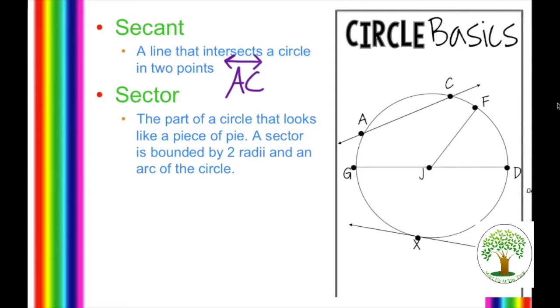Oh no, I should have checked that out. FJ, I think we do have to name it in that direction. I think we have to start with the radius in the center. So JFD? So I think we need to do FJD, and then we have a sector. You're going to have a little piece of pizza.